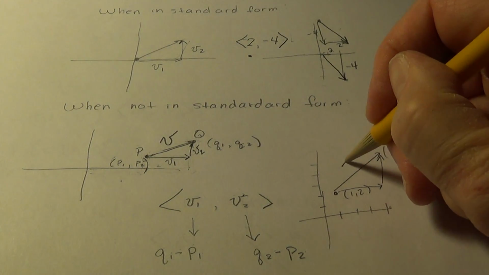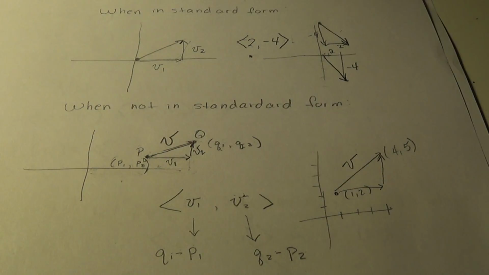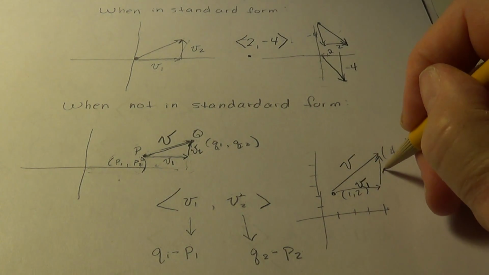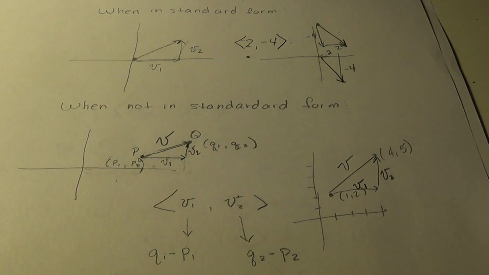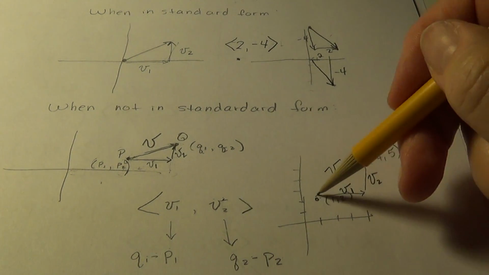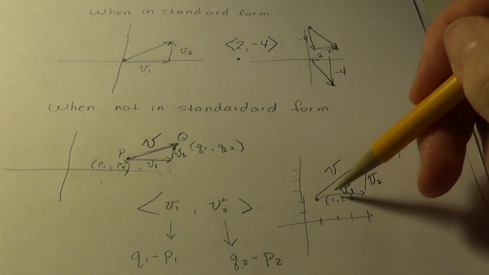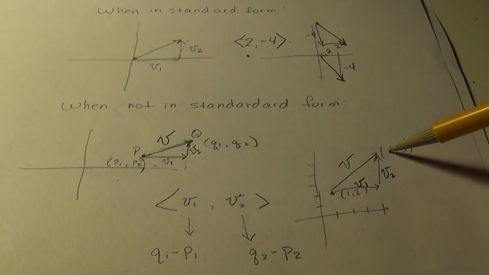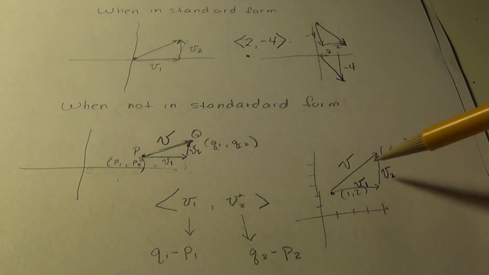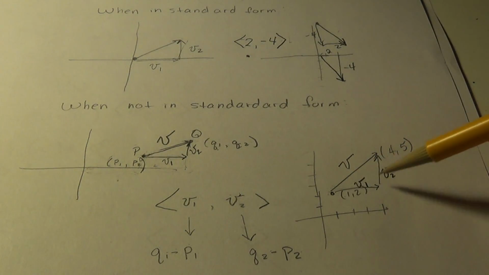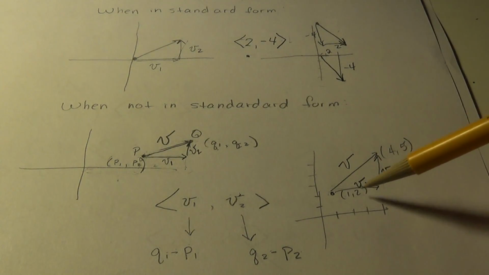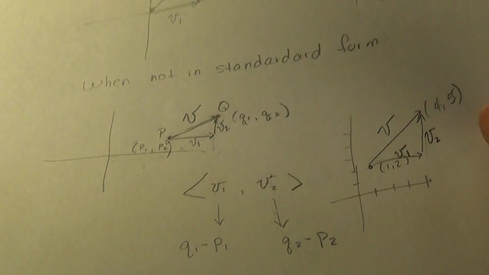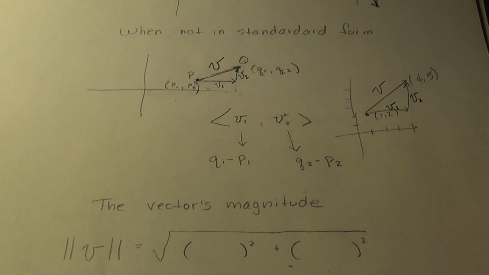So if this is vector V, the X component now recognized as V1, and the Y component now recognized as V2. How would we get this value, this length, and how would we get this? Would we not subtract the X values 4 minus 1 to get this, and the Y values 5 minus 2 to get this? All right, that's just a hint of what a practical problem would look like.